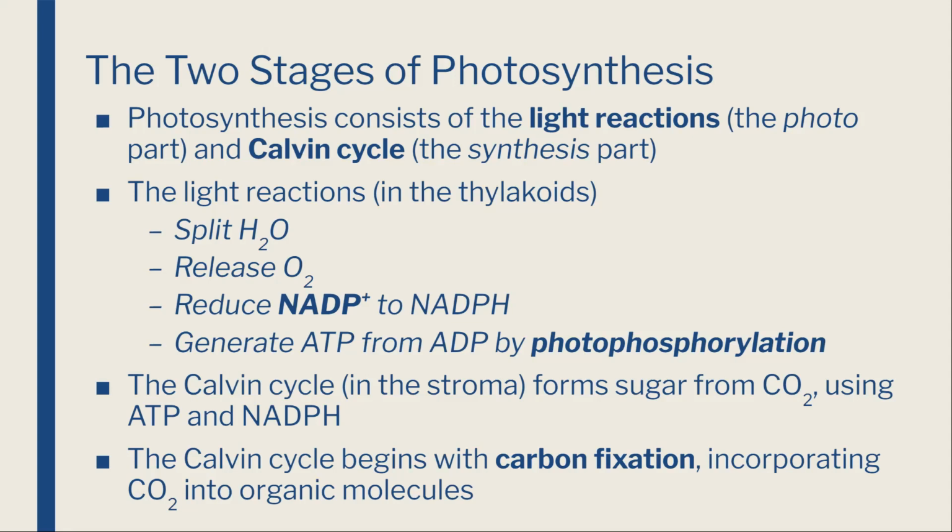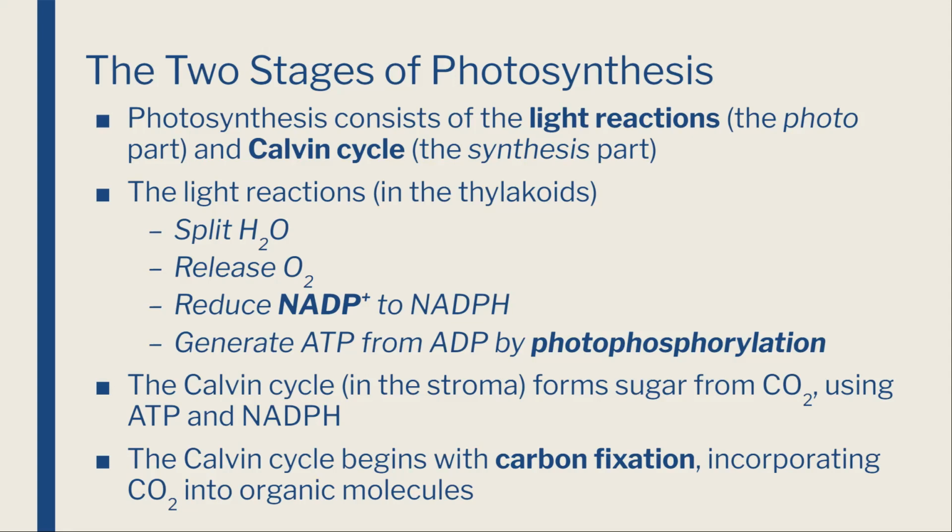It also generates ATP by photophosphorylation. So ATP and NADPH are made in the light reactions, and those 2 molecules then move to the Calvin cycle, and that's the energy that drives the Calvin cycle.